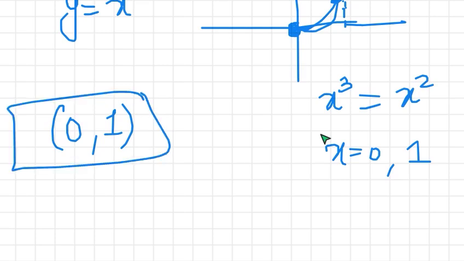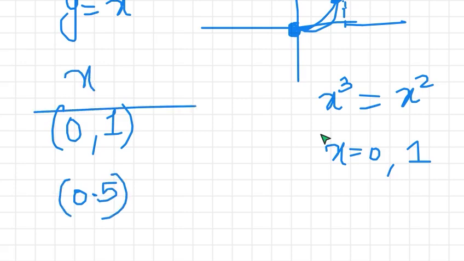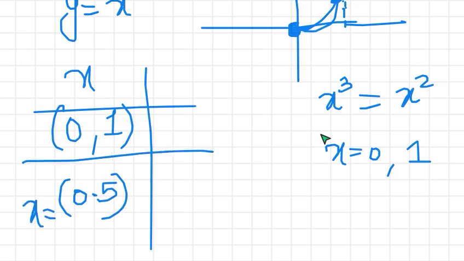Let's say x is equal to 0.5. Let's talk about x square. What is the value of x square? 0.25.